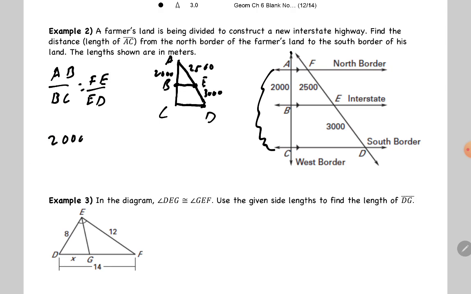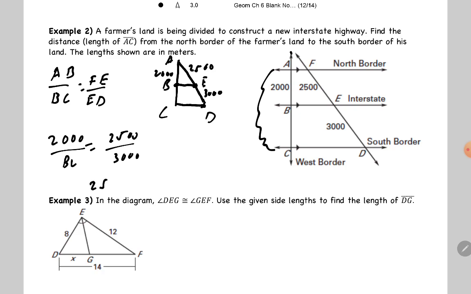So 2,000 over x, or BC in this case, because we're looking for the total, is equal to 2,500 over 3,000. Do your cross multiplication.